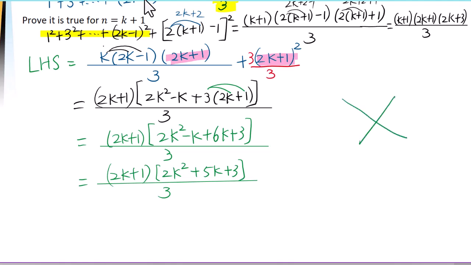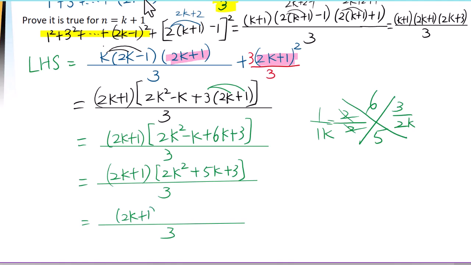Factor this trinomial: 6, 5, 2 over 2, 2, 3. Reduce. So we have k plus 1 times 2k plus 3. 2k plus 1 times k plus 1 times 2k plus 3 equals the right hand side.